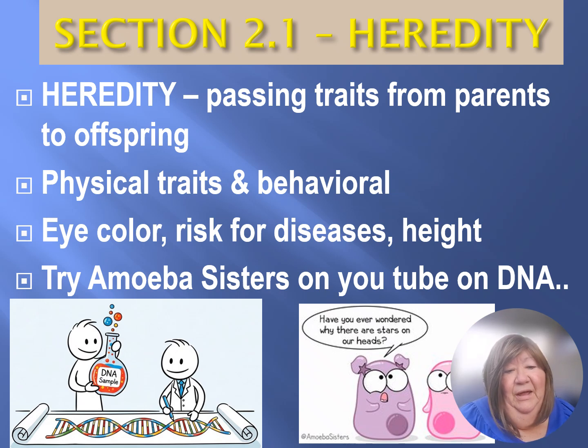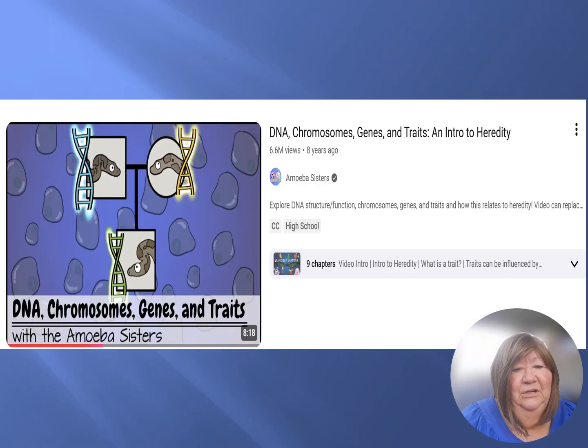There are a couple really fun videos on YouTube. I'm sure you could go to YouTube and search something and find it. There are these sisters that do videos that I really like. I think they must be science teachers, because they really know what they're doing. They're called the Amoeba Sisters, and there's a section in YouTube on DNA, chromosomes, genes, and traits.